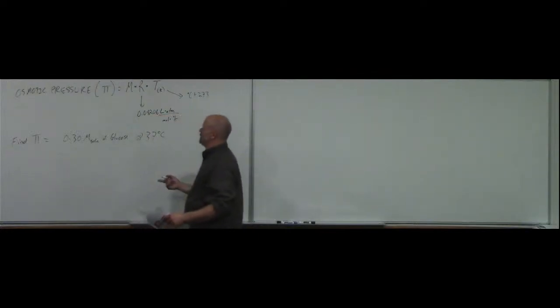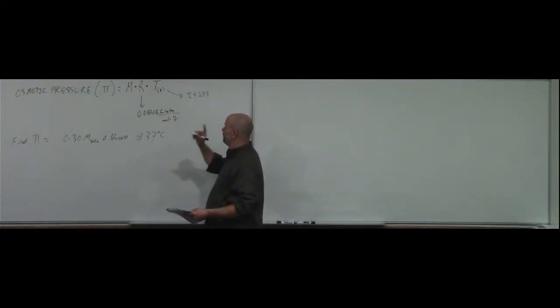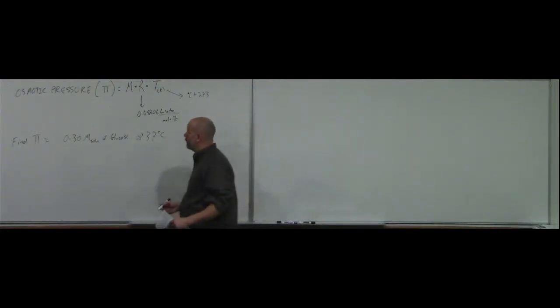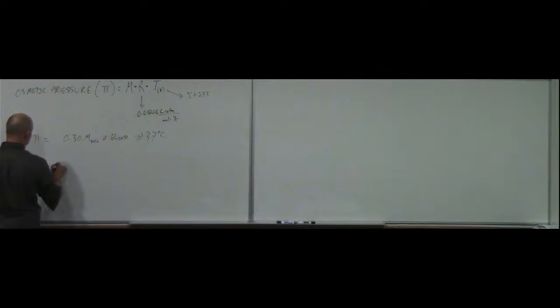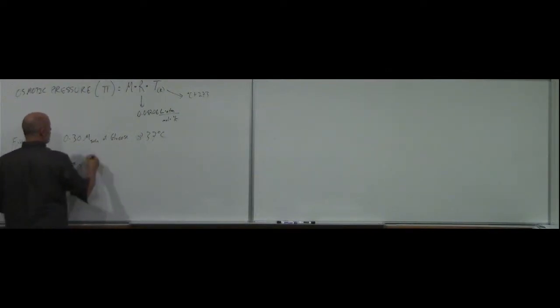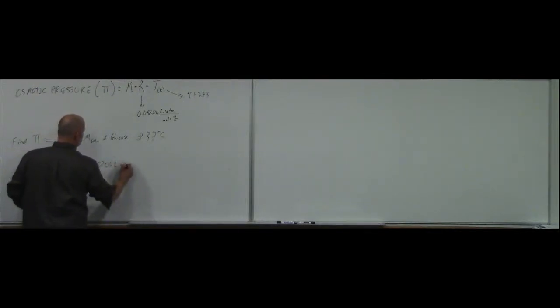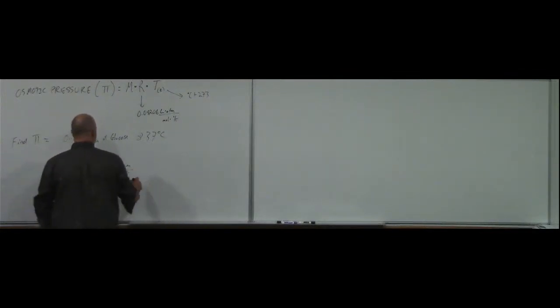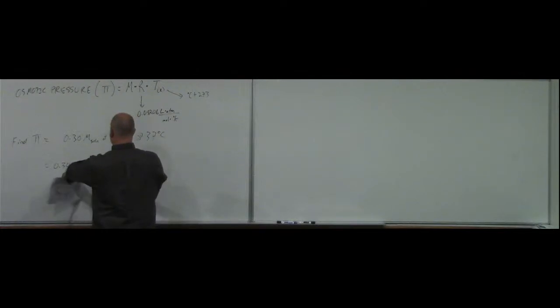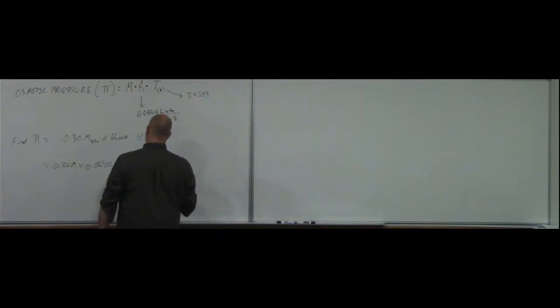Again, this is molarity times ideal gas constant times temperature in degrees Kelvin. So all I have to do is solve for 0.30 molar times 0.08206 liters atmospheres per mole degree Kelvin. My molarity has moles as a component, so that'll cancel out. Now I need my temperature.